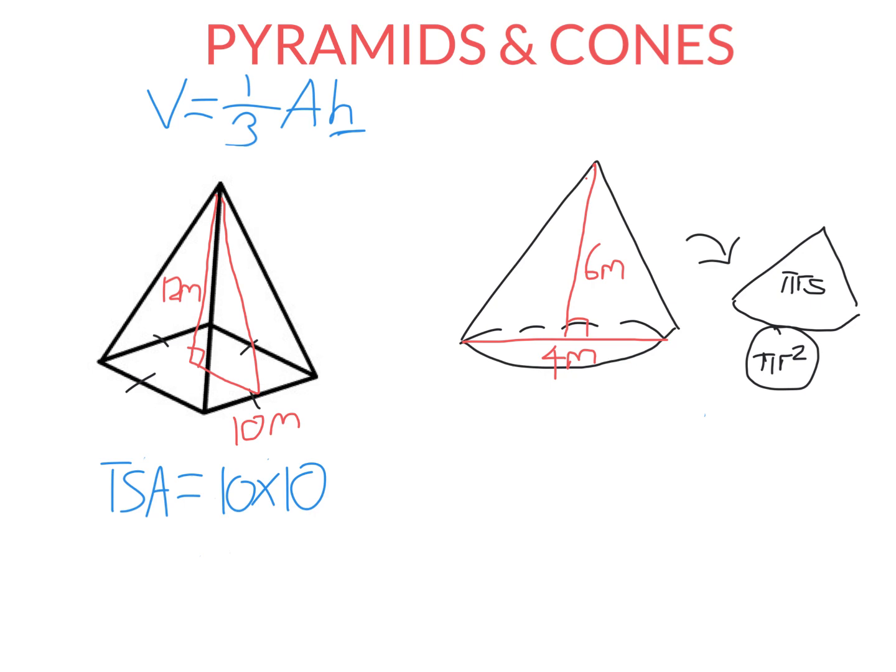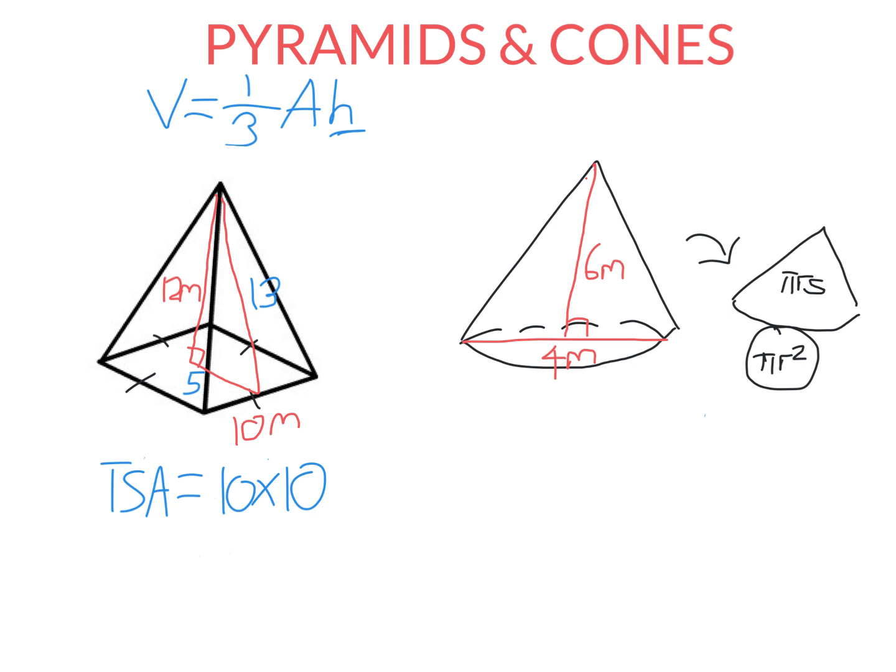So to do that, once again, we're going to need Pythagoras. So we've got this dimension's 12. Here is half of the length of the square, so it will be 5. And that means this side here will be the square root of 5 squared plus 12 squared, which is 13. So the perpendicular height of this triangle is 13.